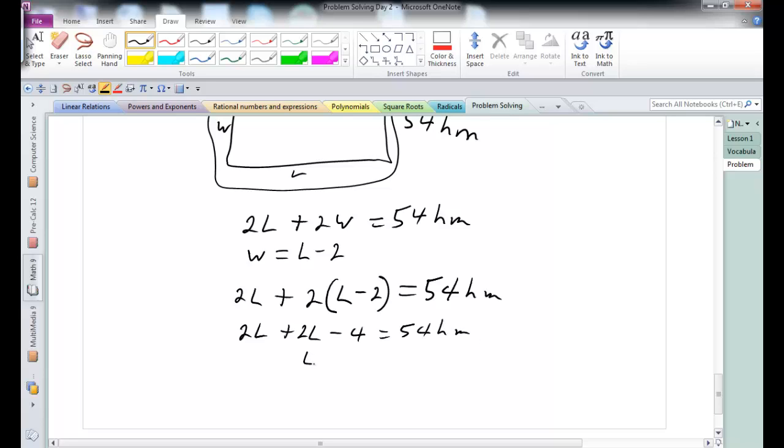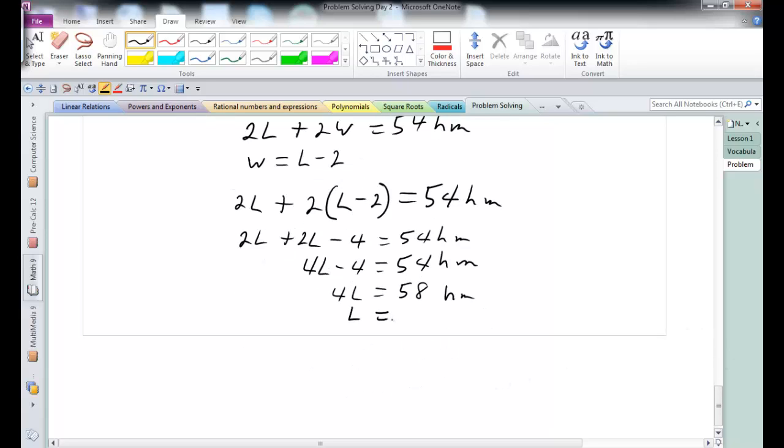We're going to get 4L minus 4 equals 54 hectometers. 4L equals 58 hectometers. And so L equals 14.5 hectometers.